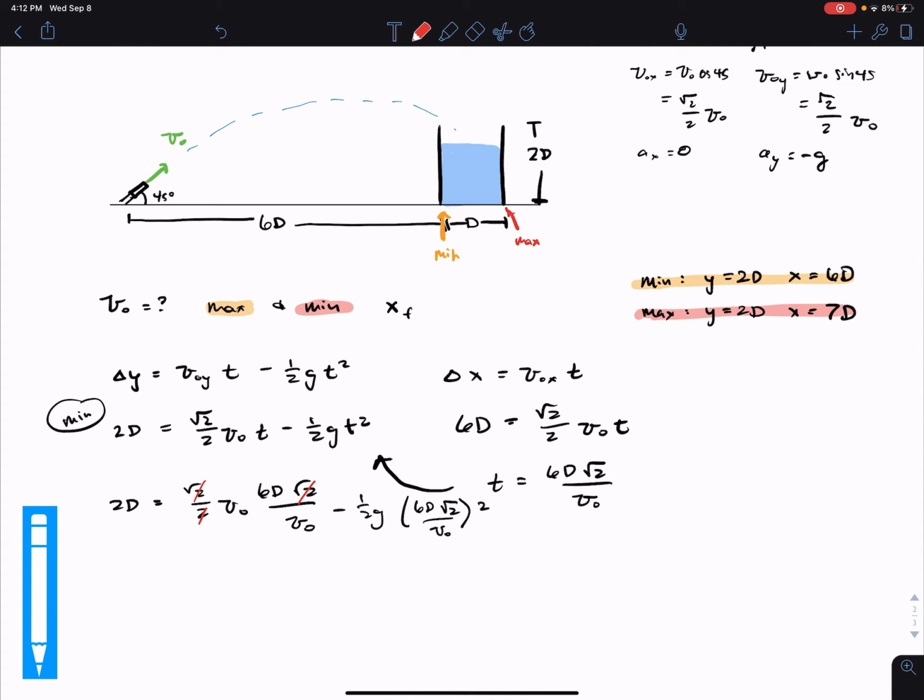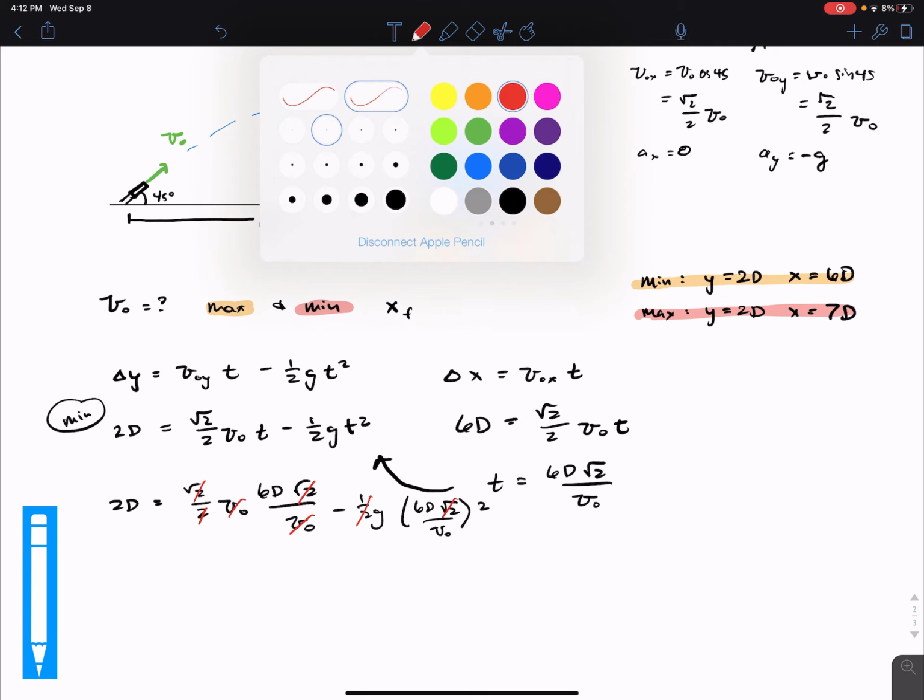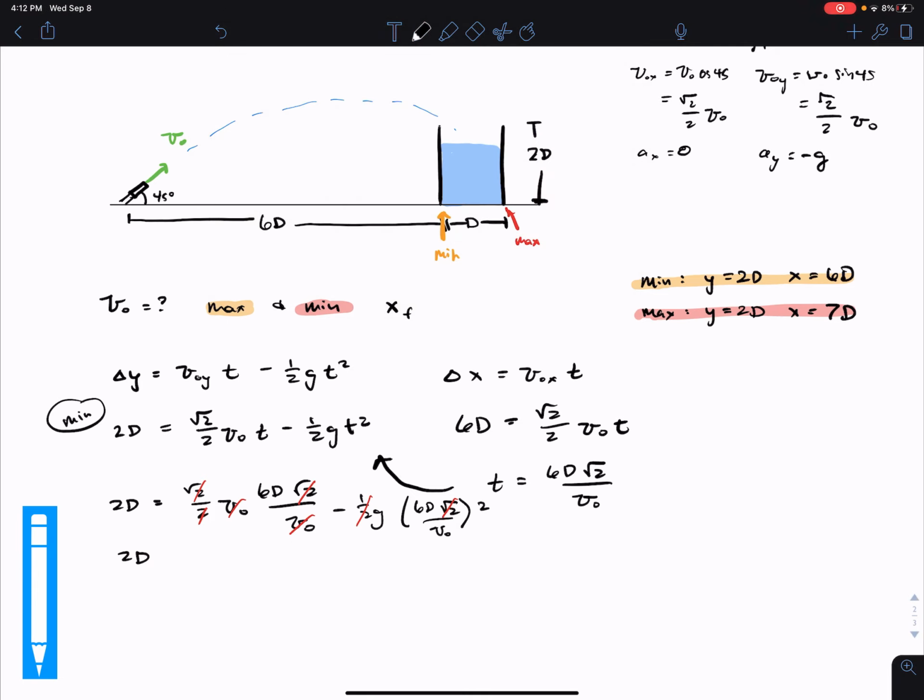These two things cancel, this cancels with that, and this should cancel with that. So we're going to end up with 2d is equal to 6d minus g times 36 d squared over v naught squared.